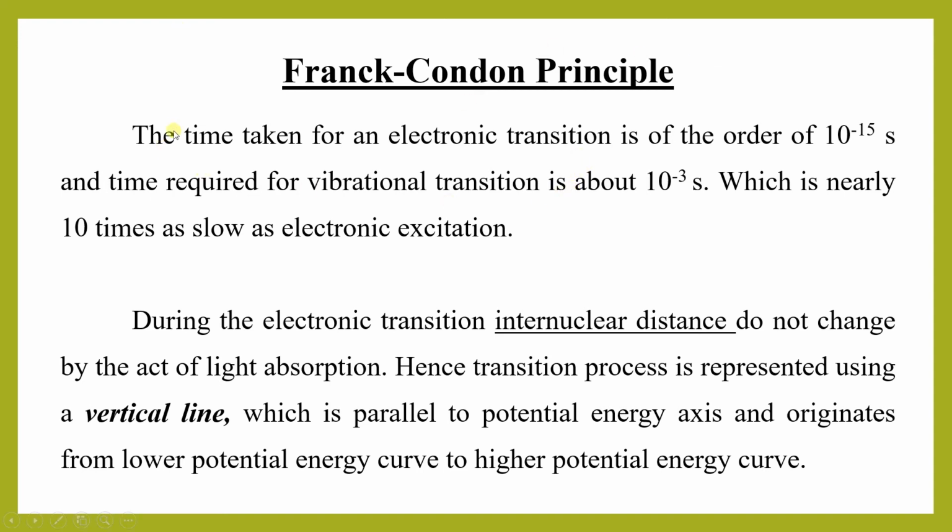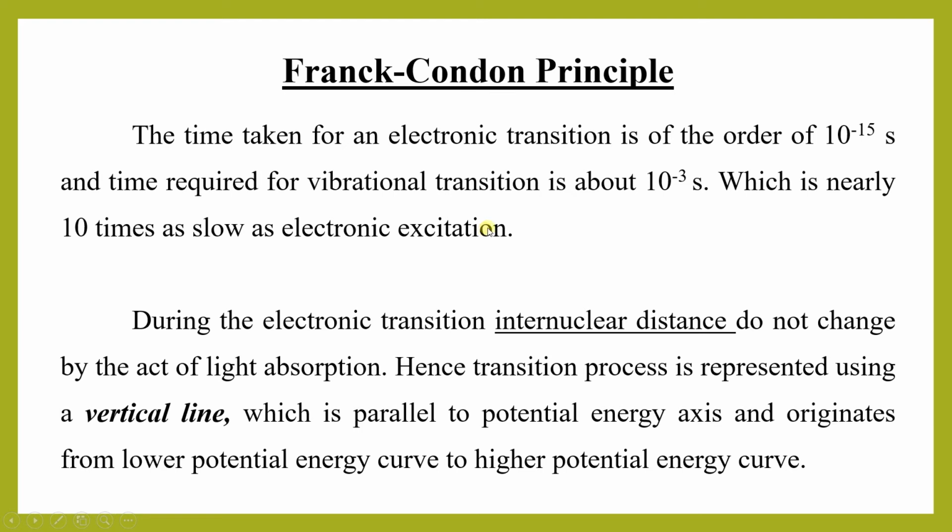The time taken for an electronic transition is of the order of 10 to the power of minus 15 second, and the time required for a vibrational transition is about 10 to the power of minus 3 second, which is far slower. Electronic transition is much faster than the vibrational transition.